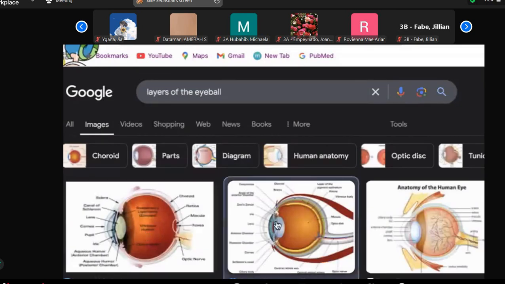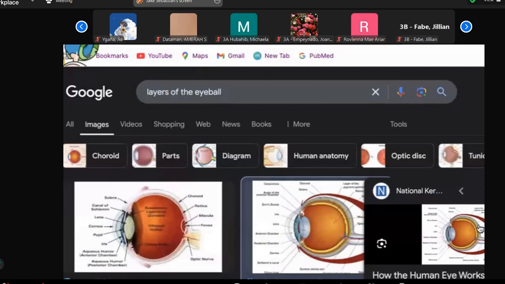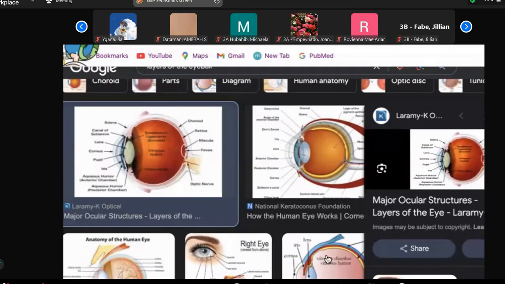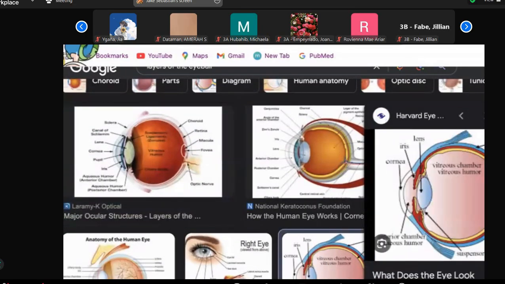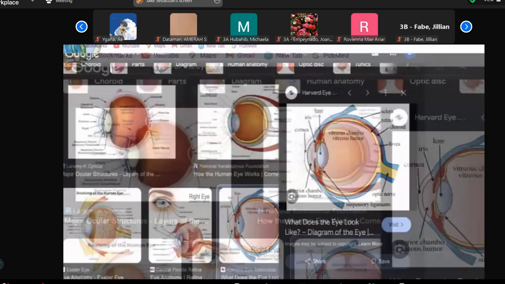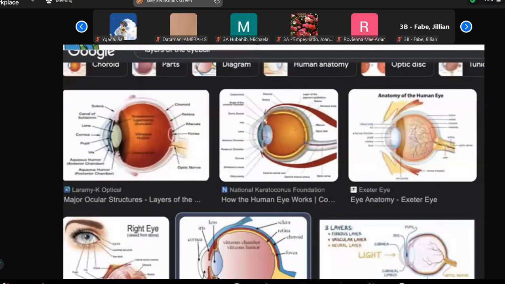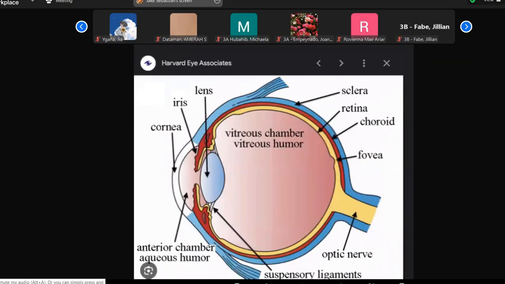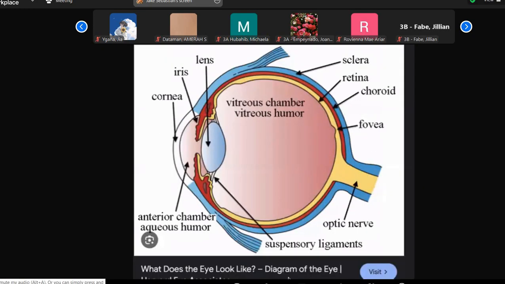Yeah, so here. Schematic, I think, is good. Do you see the picture of the eye? Hello? Hello? Yes, Doc.